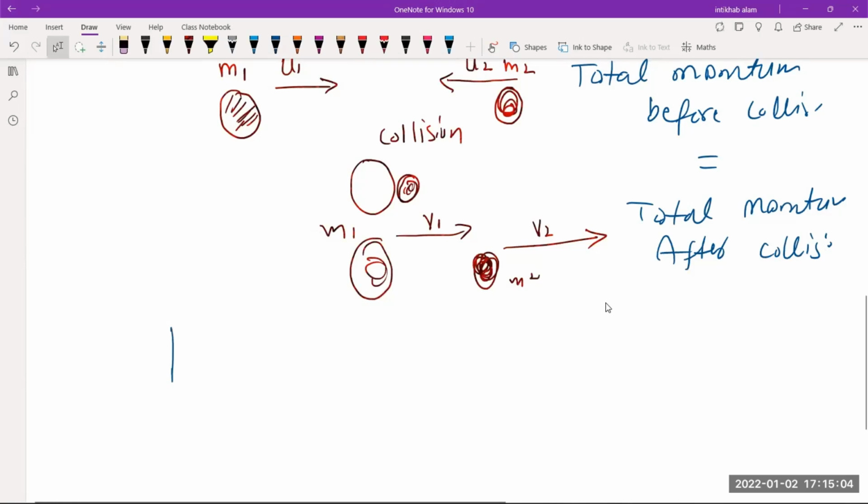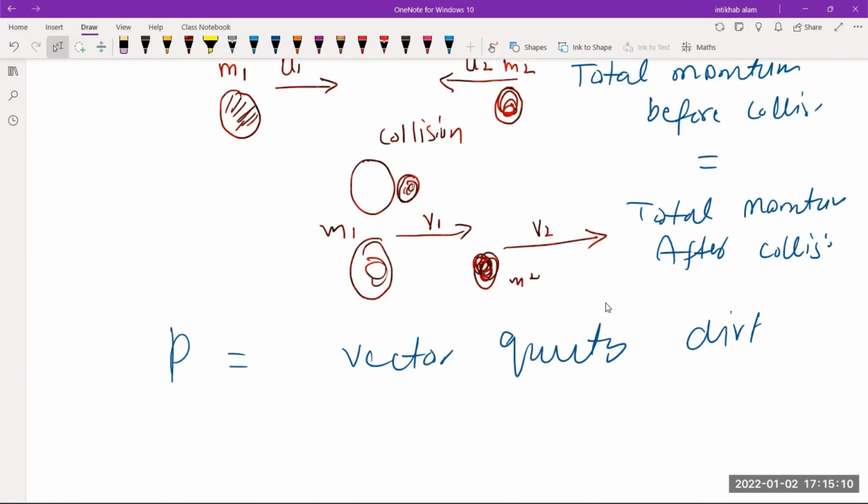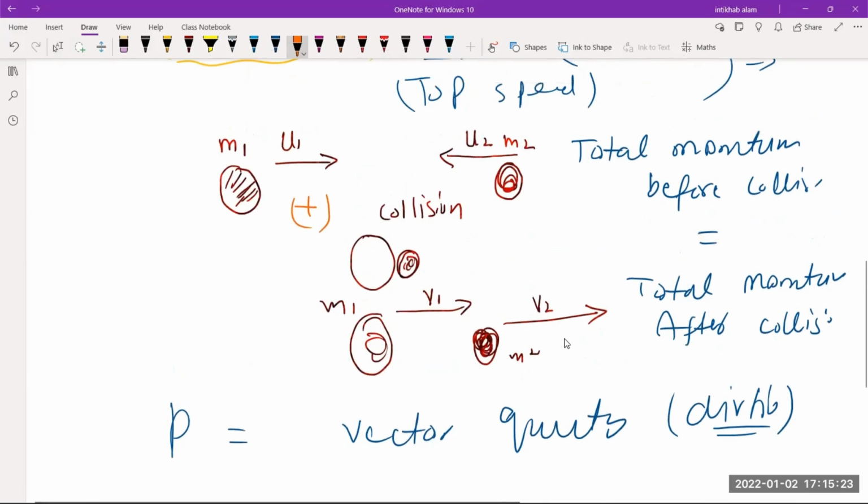As you also remember, momentum is a vector quantity, so you have to take care of the direction. We must not violate that. For example, normally this direction is taken as positive, and the direction opposite to this is always taken as negative. So this u2 would be minus u2 in our case.